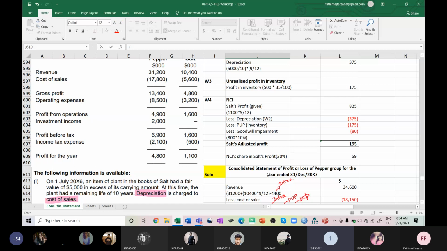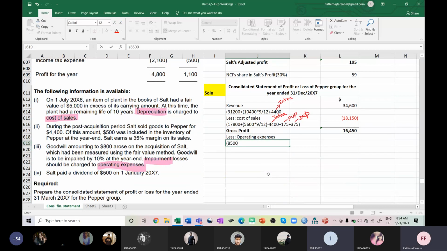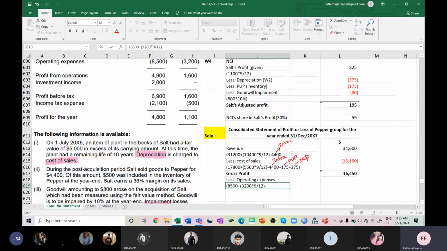8,500 plus 9 by 12 into 3,200, plus impairment also. What is the other one you added? Impairment 80. Yes, because impairment of goodwill is taken to operating expenses. It's 80.